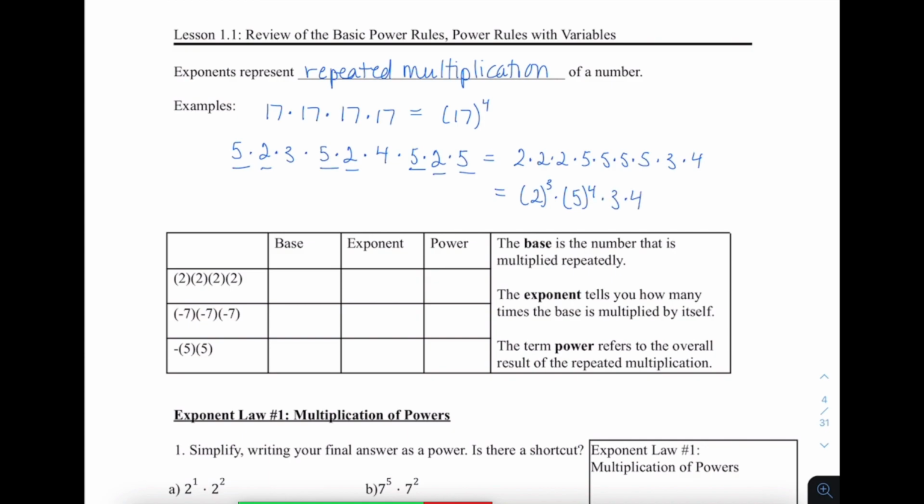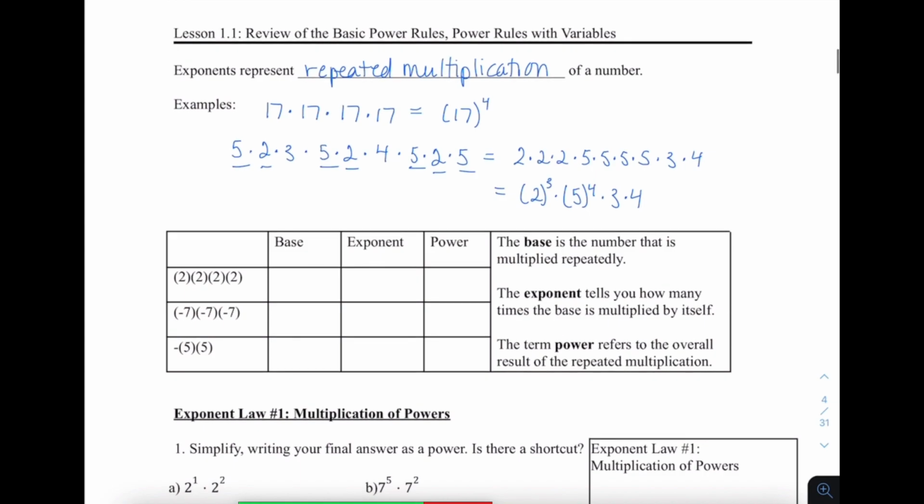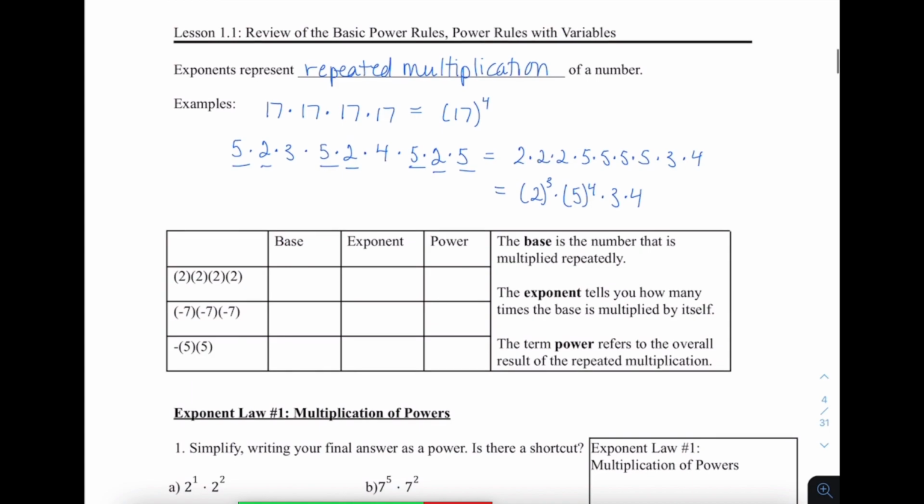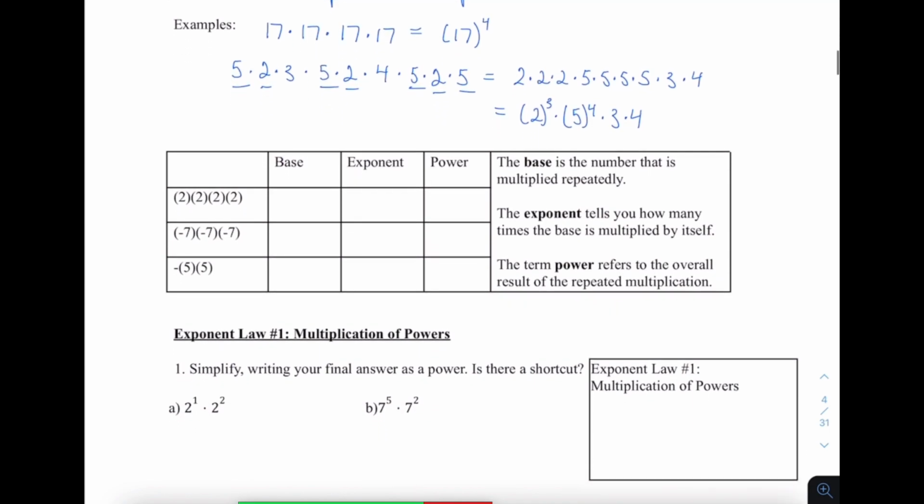Now, I make this mistake all the time. I've already done it in this video once. So let's go and properly define what a base, exponent, and a power are. If I look at 2 times 2 times 2 times 2, I can see the base is 2. The base is the number that's being repeatedly multiplied by itself.